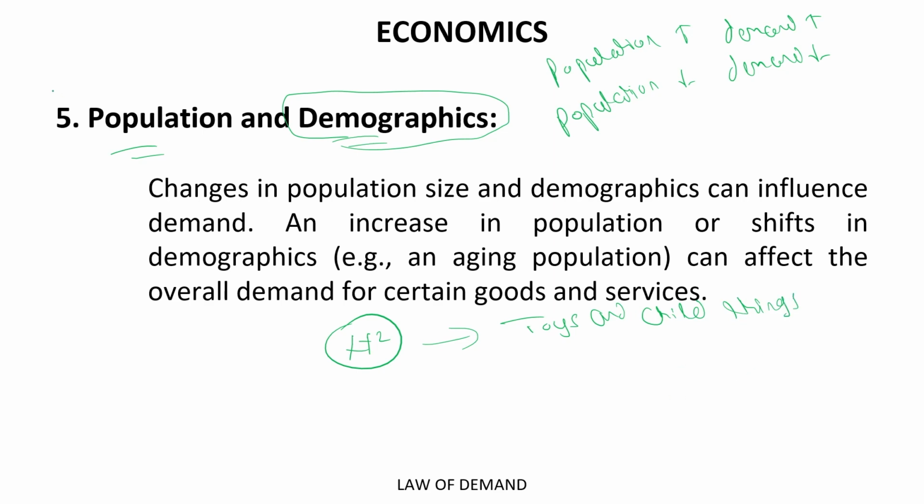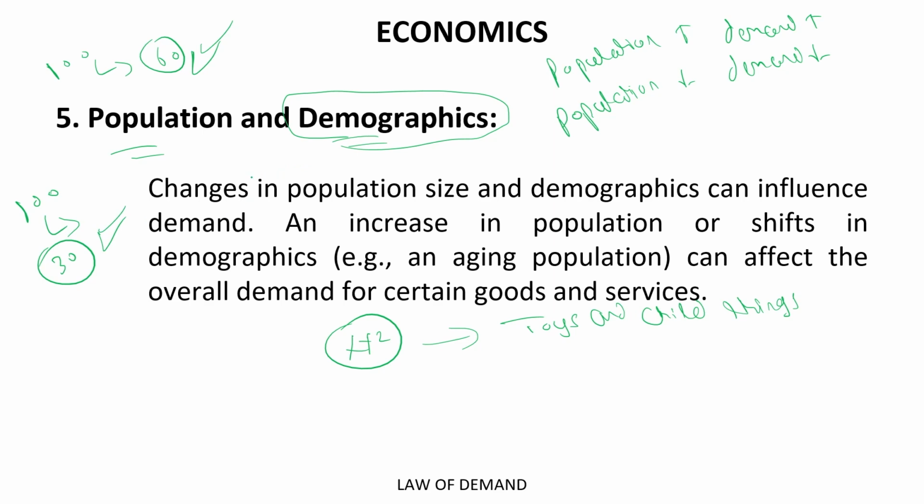There is a population of 100 people, out of which nearly 60 are children. In the same scenario, if there is a population of 100 but only 30 are children, what do you think? XYZ will have more demand in the population of 60 children rather than 30. So that's how demographics affect demand.